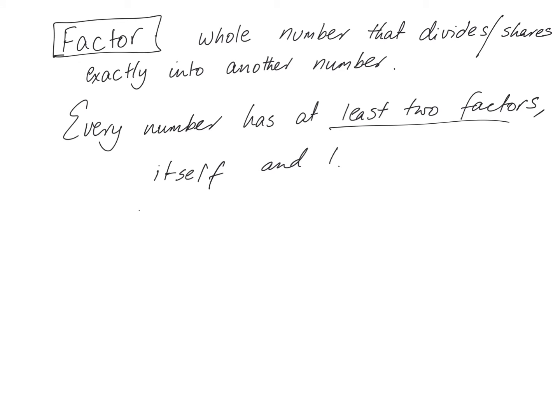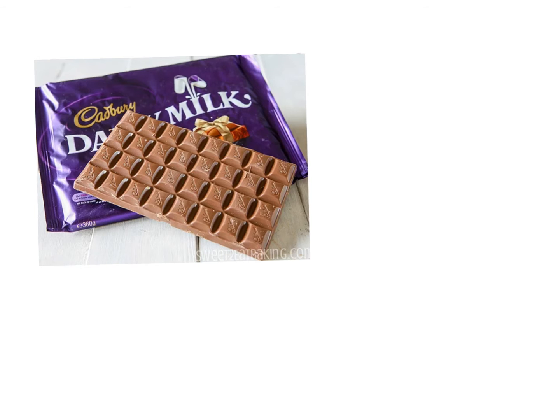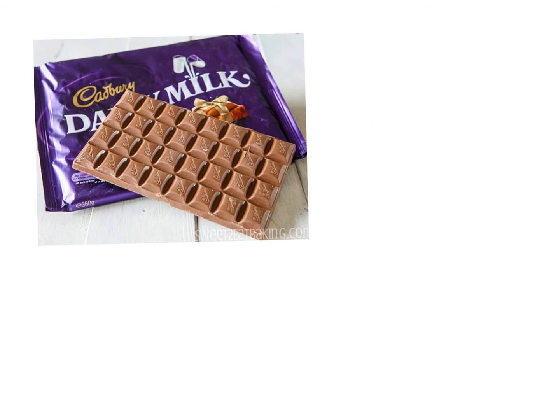So let's use something interesting to discuss factors. Cadbury's chocolate. Now in this chocolate bar that you may have eaten at some point, there are 32 smaller pieces.